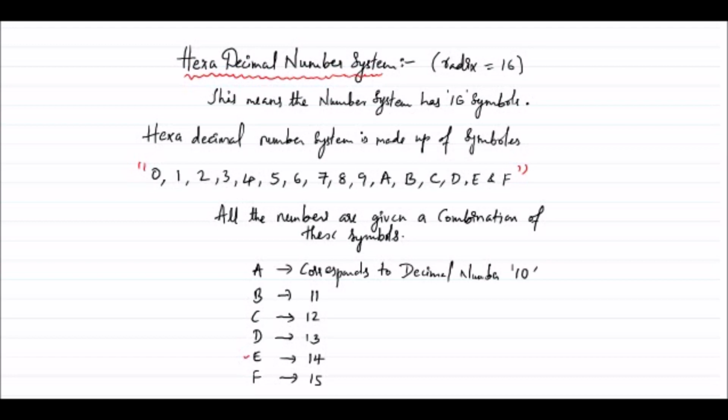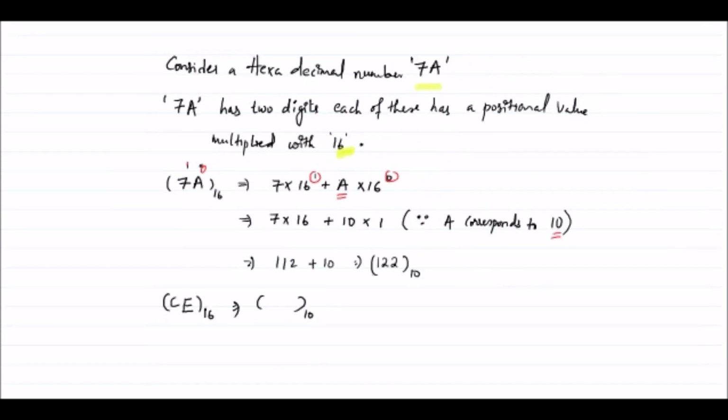So we will take another example, CE. You can see C is 12 and E is 14, right? C is 12 and E is 14.